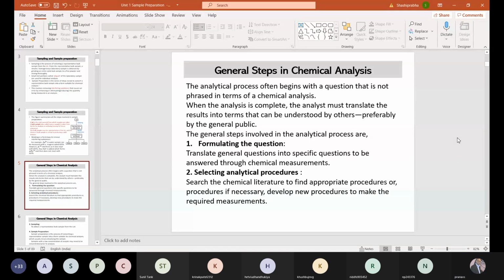Plus you will come to know through certain tests how many components are present in that sample. So you are going to ask him several questions, and based on which you will find out your own answers through your experience and knowledge, and then devise a strategy for analysis.